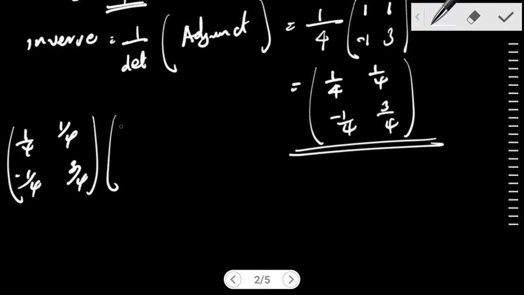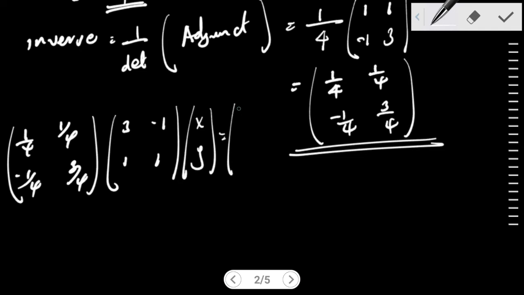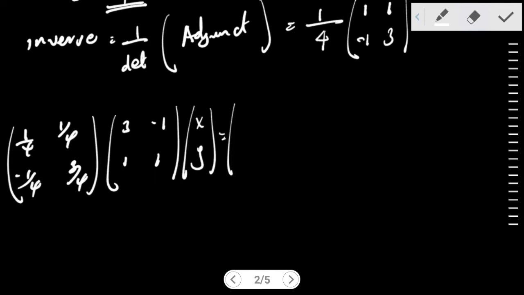Bring the equation, which was 3, 1, negative 1, 1, times x, y, which would be equal to... Now also on the other side, you bring it here, and this we already know: 1 out of 4, 1 out of 4, negative 1 out of 4, 3 out of 4.